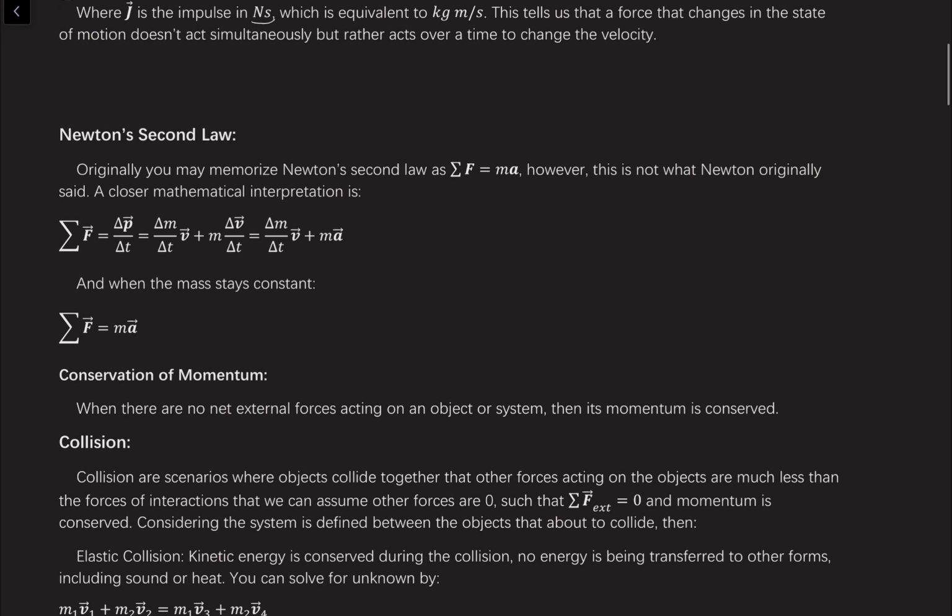So let's talk about Newton's second law. We learned about F = ma in Unit 2, but really what Newton said is that the change of motion is proportional to the motive force impressed and is made in the direction of the line in which the force is impressed. So what does it mean? It means that the force acts on the object and changes the object's motion in the same direction as the force.